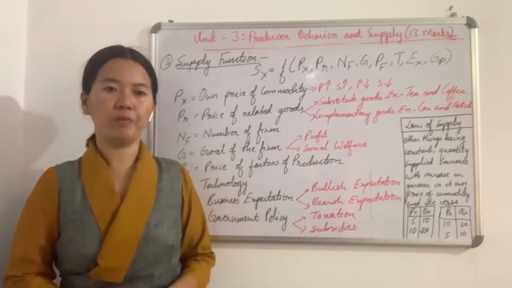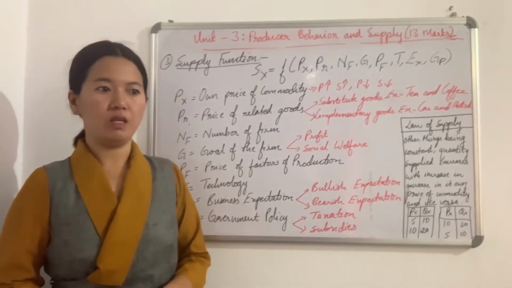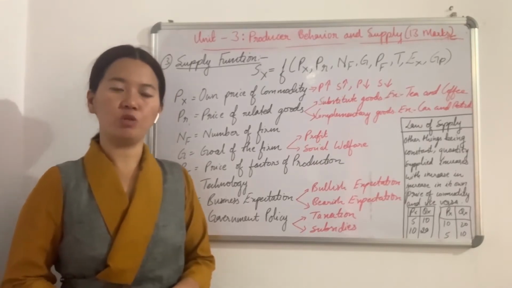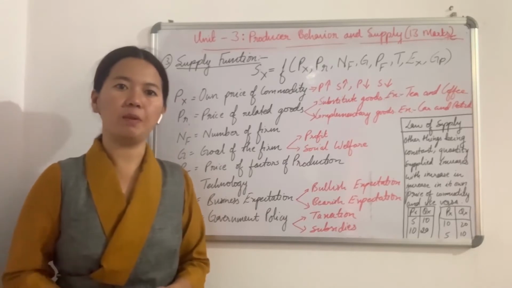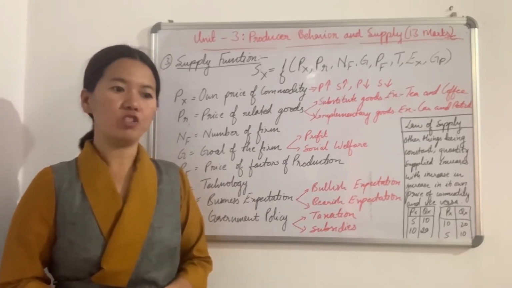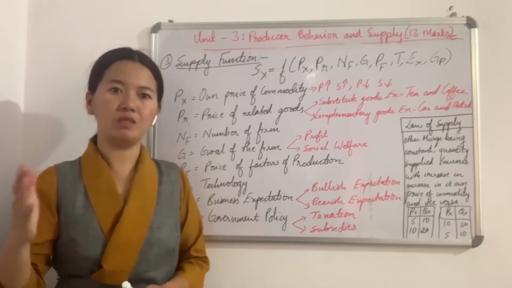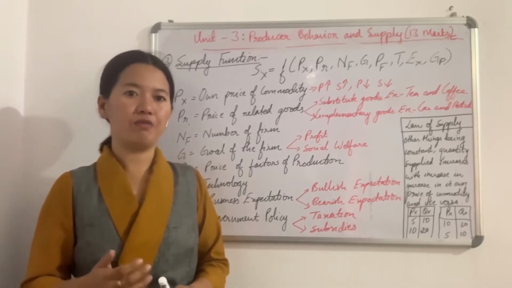The next very important concept which we are going to learn is the supply function. This supply function shows the relationship between various factors and the changes in supply of a commodity. So the study of the functional relationship between the various determinants and the supply of a commodity is called the supply function.